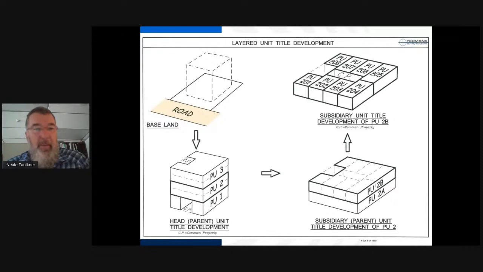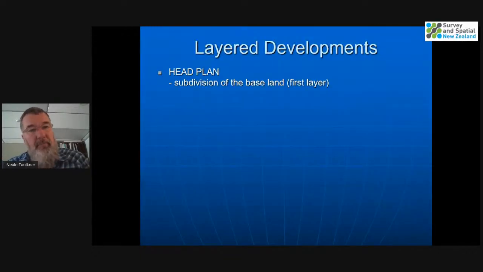So that's basically it. Baseland at the start, head unit development for a start, breaking up the separate uses as individual principal units, and then grabbing those separate use principal units and splitting them further down. So here's some example. It's a bit of definition. Head unit plan, that's the subdivision of the baseland, as we said, the first layer.